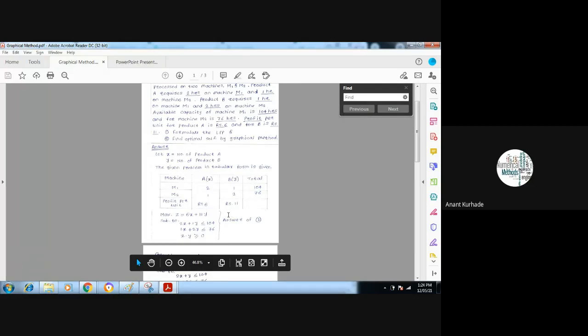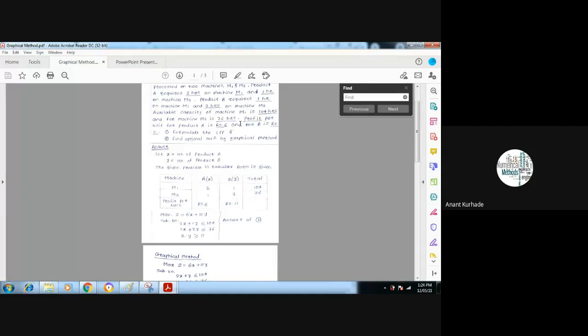So this whole part, from this to this, is the answer to your first question, that is, formulate the LPP. This question was asked for 8 marks: 3 marks for the formulation of LPP and 5 marks for finding the optimal solution. Optimal solution means the highest possible solution. Here we have profit, so we have to find the maximum profit.